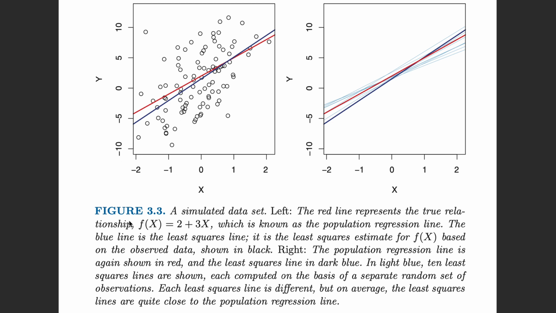Now, if we had generated another data set, we would have gotten another line. And that line would have more or less pointed in the same orientation, but it would be different. And if we do it many times, you get many different lines.